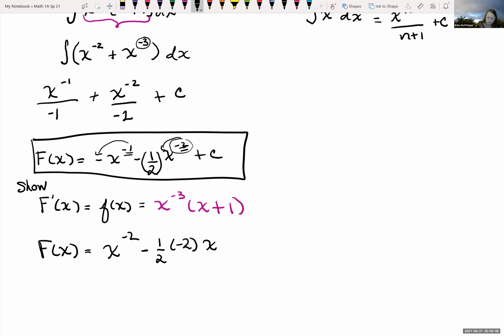Add 1 to our exponent, so -2 plus 1 is -1. And the derivative of a constant is 0. So this is x to the -2. Notice our 2's cancel here. And we have a negative and a negative, so we have a plus x to the -1.